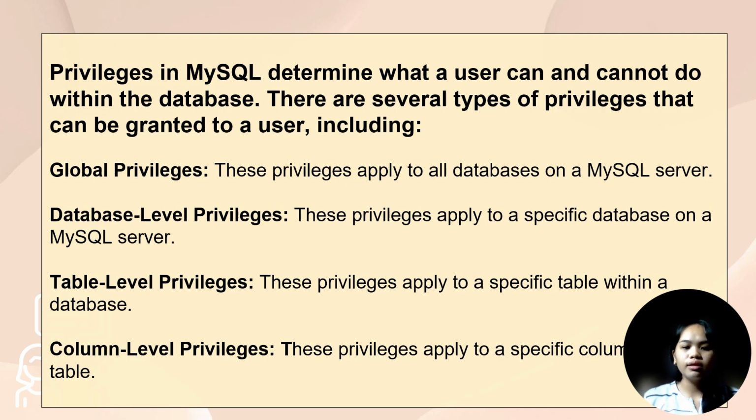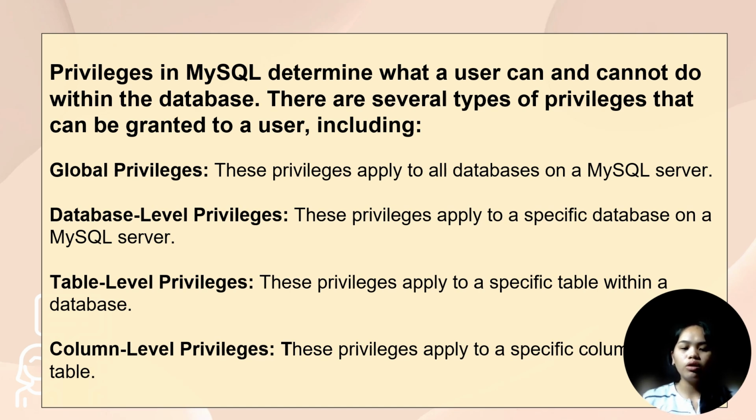Privileges in MySQL determine what a user can and cannot do within the database. There are 4 levels of privileges that can be granted to a user: global privileges, database level privileges, table level privileges, and column level privileges.